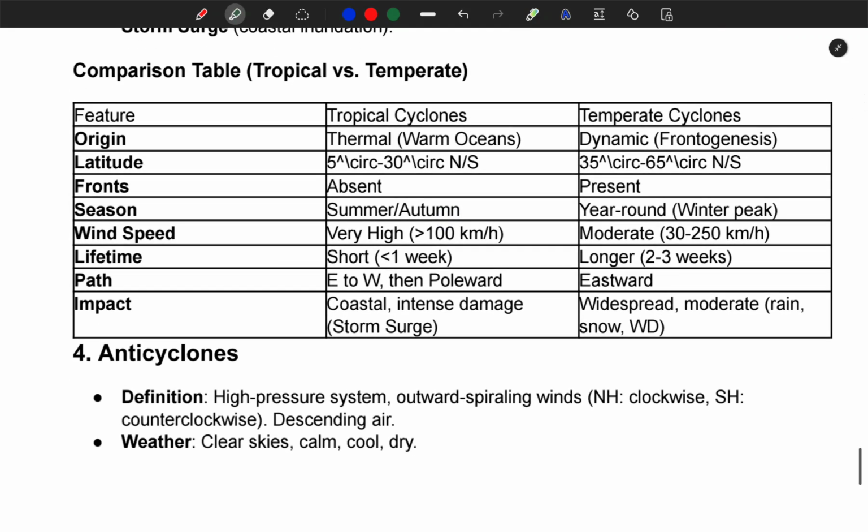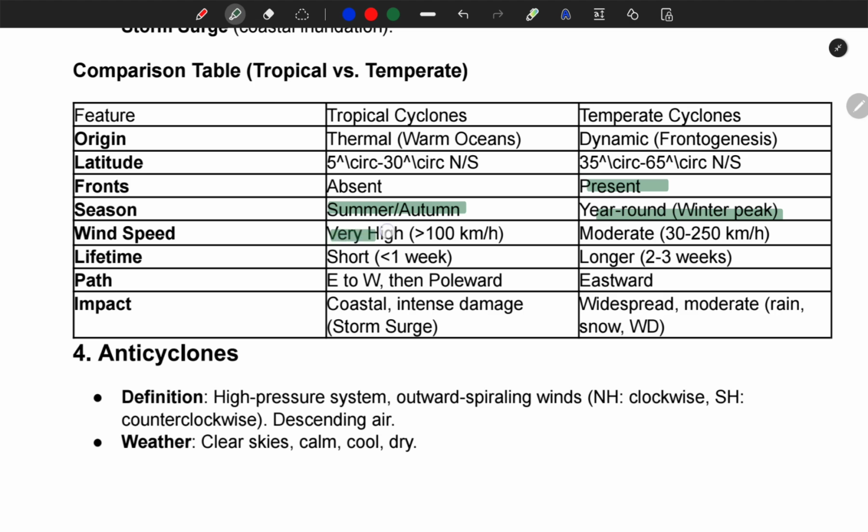Comparison table: tropical versus temperate. Feature: origin. Tropical is thermal, warm oceans; temperate cyclone is dynamic, frontogenesis. Latitude 5 to 30 versus 35 to 65, northern and southern. Fronts absent in tropical, present in temperate. Seasons: summer and autumn versus year round, winter peak.